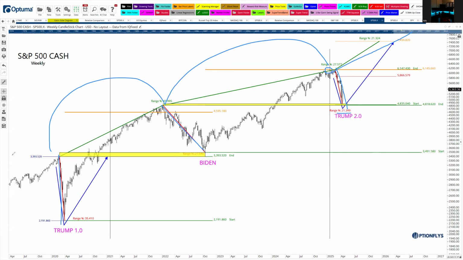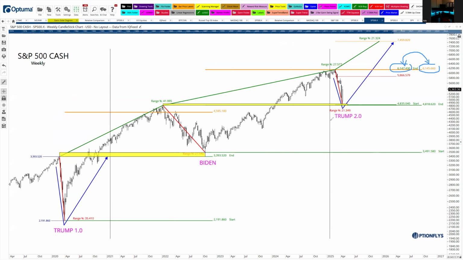I hope you get my point. If you look at this high and look at this fib, look at these two prints. Talk about fibs don't work.